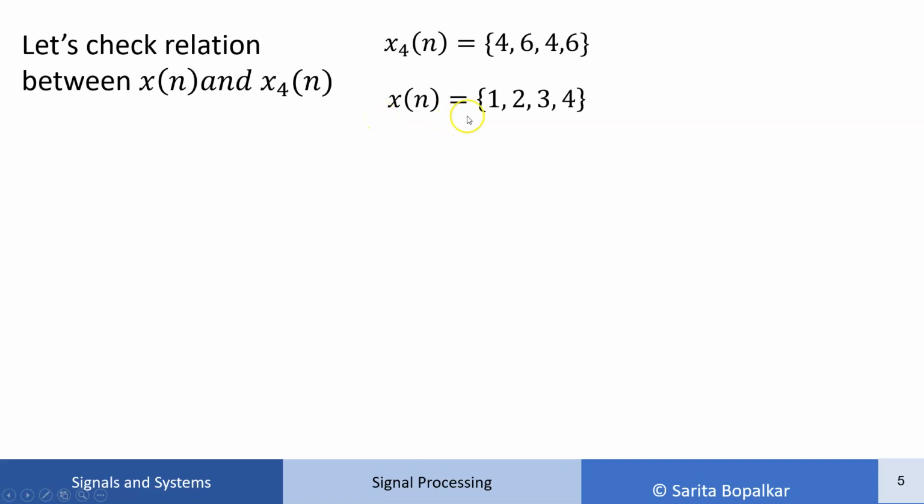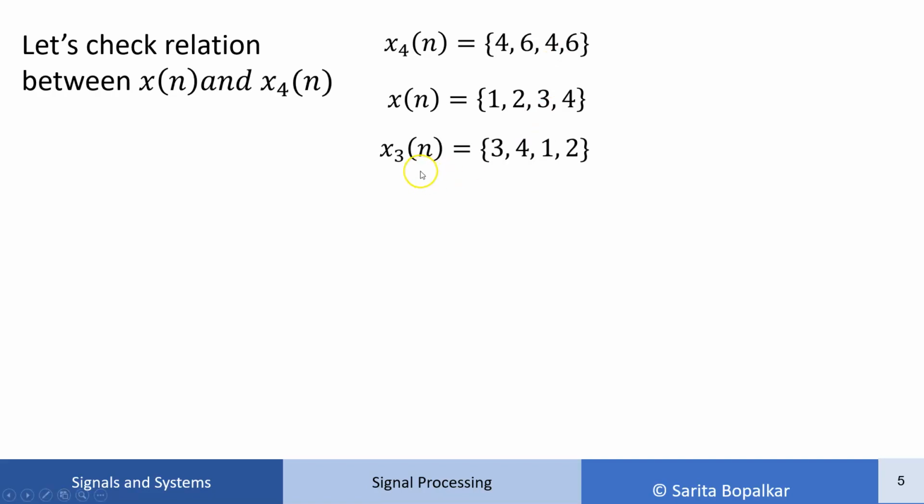If the sample values are the same, with only a shift or shuffle, then there is a shift operation, either delay or advance. But here you can check, the sample values are 1, 2, 3, 4 in X of n, and in X4 of n it is 4, 6, 4, 6. The sample values are not the same, so there might be another operation.